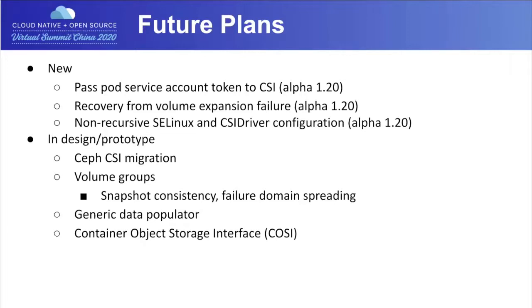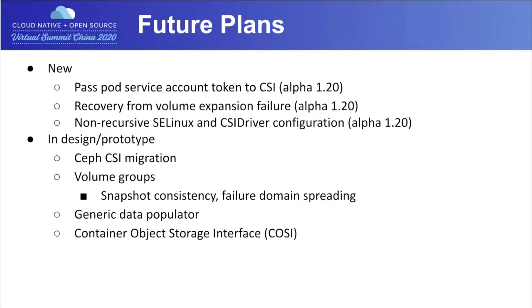This feature proposes to introduce a new volume group CRD that groups multiple volumes together, and a new group snapshot CRD that supports taking a snapshot of all volumes in the same group to ensure write order consistency. We are also looking at how to use the volume group concept to support failure domain spreading. For example, how to place volumes in the same group across different disks in the same storage system.